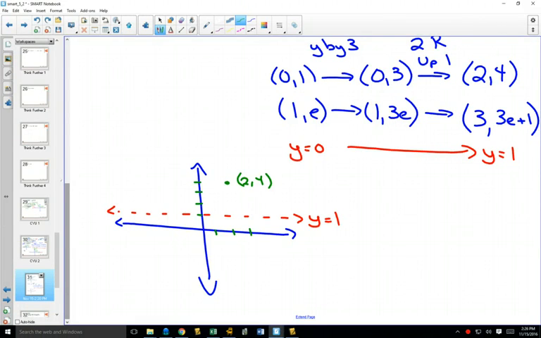So now this is where you might want your calculator just as an estimate, or maybe you can do 2.7 times 3 and say that's 8.1 plus 1 will be about 9.1. So I'm just going to estimate where that point is. Once you have those 2 points, you're going to be able to tell, well, this has to go up like this, and there's our graph with an e involved.